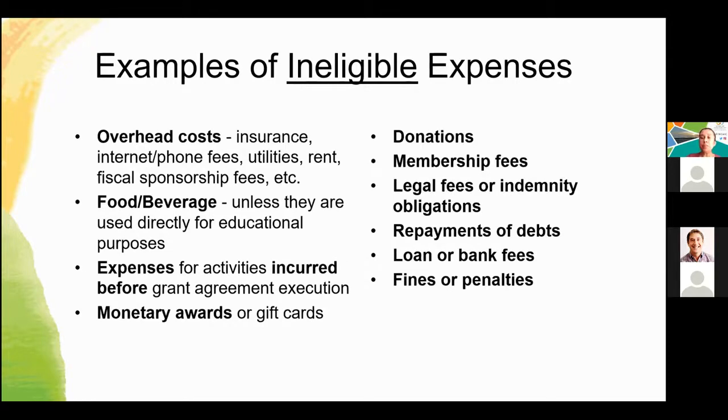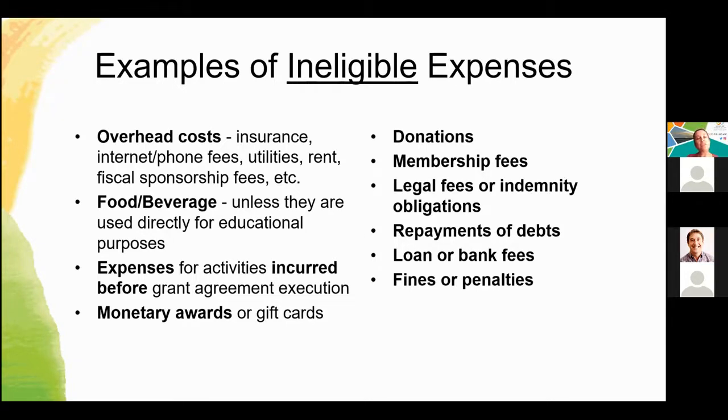The following are examples of ineligible expenses that cannot be included in a 4Rs grant budget or paid for with 4Rs grant funding. Any overhead costs, insurance, internet, utilities, etc. Food and beverage, unfortunately, are not covered unless they are used directly for educational purposes. For example, if there is going to be a food waste lesson and cooking class, perhaps you need additional ingredients, those are covered.